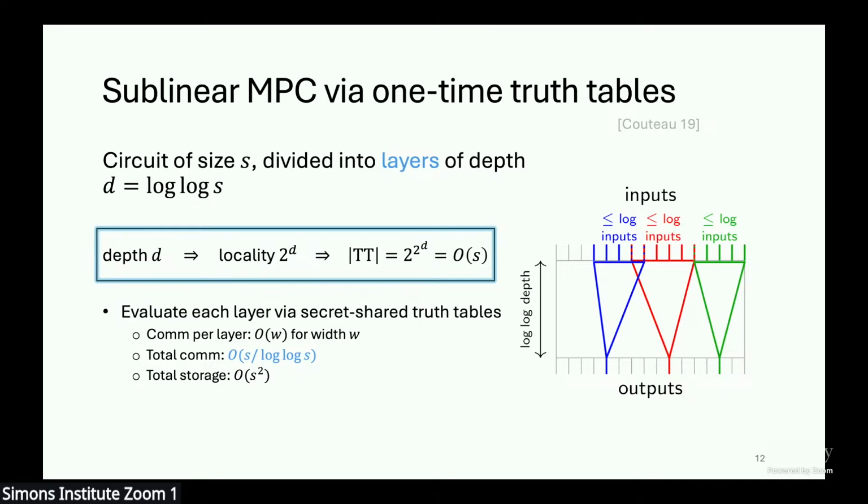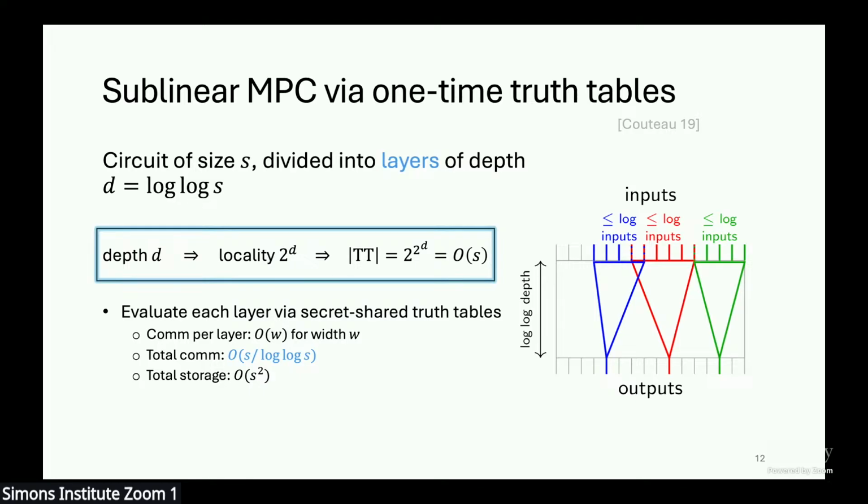And if you play around with things in the right way, then you can make it so that you can batch all of these truth table evaluations in the same layer, and you only need to communicate O of W bits for one layer, where W is the width of this layer. So then this gives you a total communication.